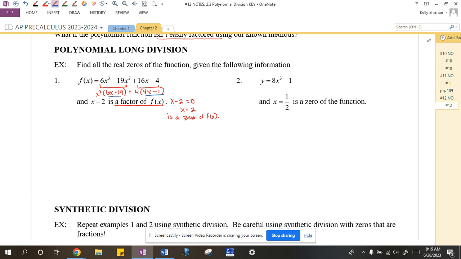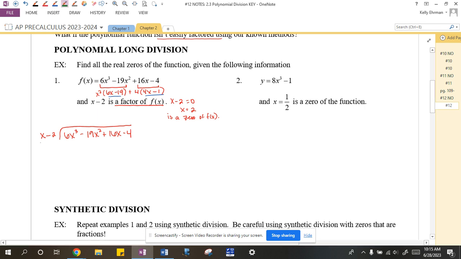Okay, so here's the long division setup. We put our divisor outside of a long division setup here, and we put our f of x, 6x to the third minus 19x squared plus 16x minus 4, underneath.